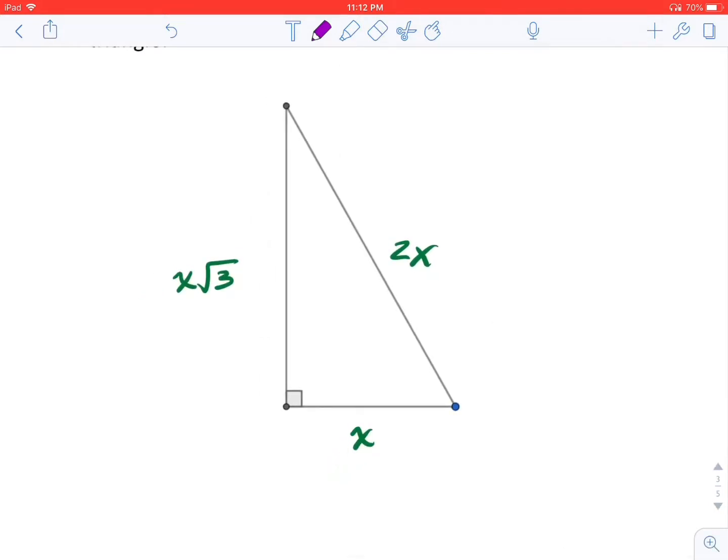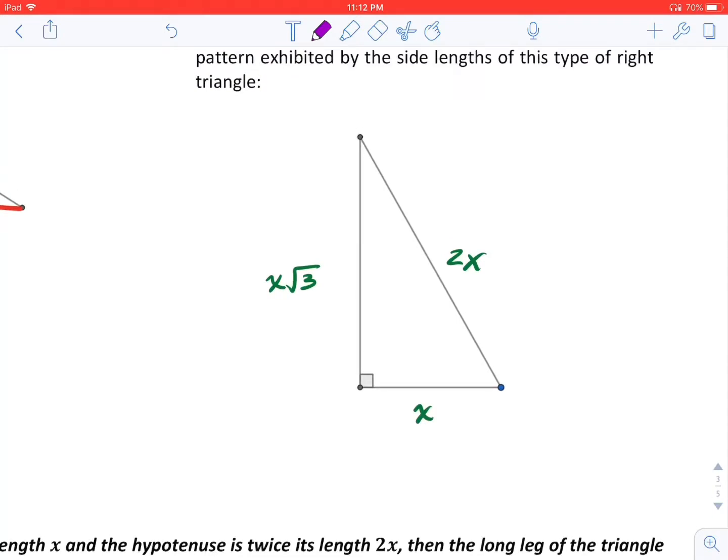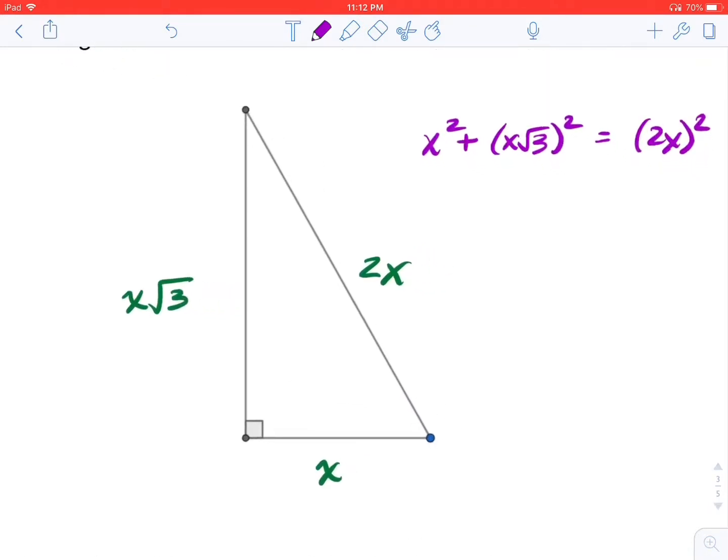If it's possible that this is a right triangle that exists, I have to get a true statement when I apply the converse Pythagorean theorem. Is it true that x squared plus x root 3 squared is equal to 2x squared? Let's test it. That would be x squared plus, this becomes x squared times 3, or 3x squared. Is that equal to 4x squared? Well, yeah, 4x squared happens to equal 4x squared.